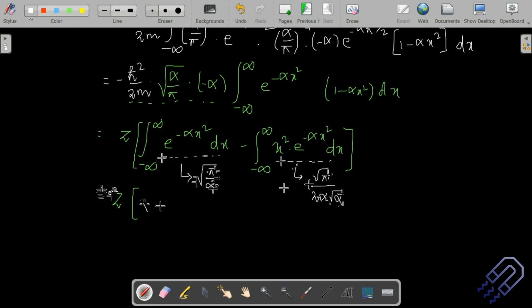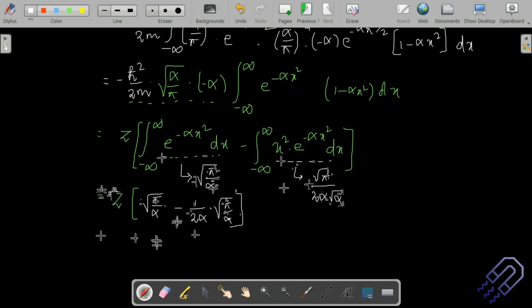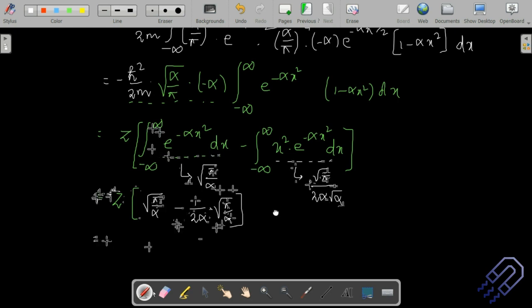This is root of pi by alpha minus this result. This is again I can write it down as 1 by 2 times alpha into root of pi by alpha. So what we can do now is we can take out this pi by alpha outside. So let me just expand that again.